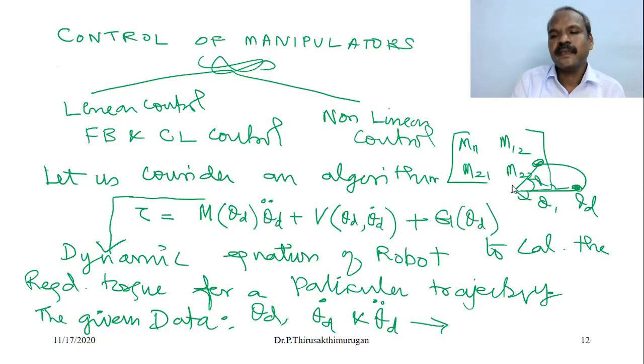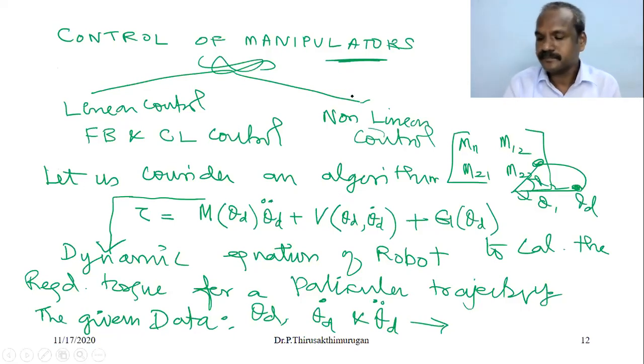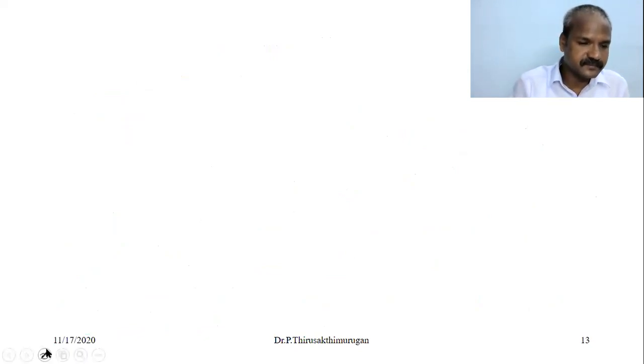So for a 2 degree of freedom robot, M is a matrix, B is a matrix, and D is a matrix. These three matrices are obtained from the dynamic equation of the manipulator, right?